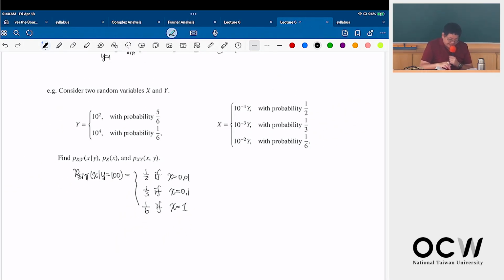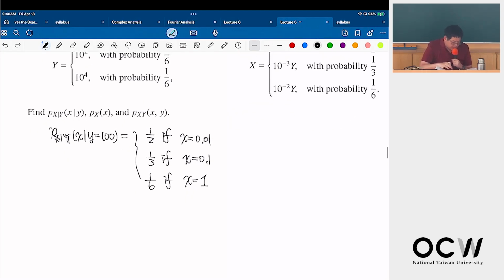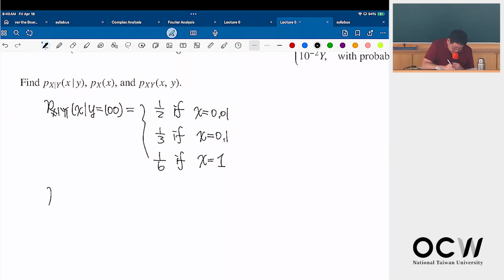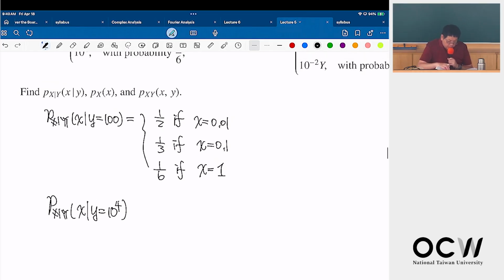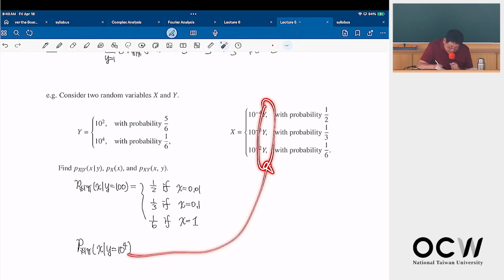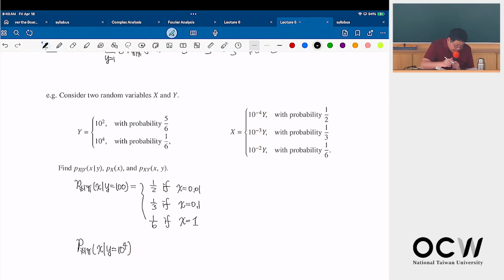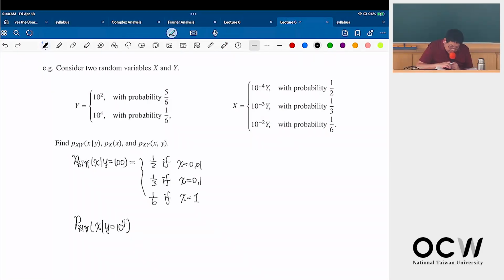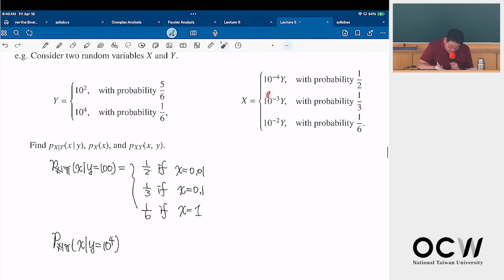Then the next is when y equals 10 to the 4th. We replace y with 10 to the 4th, and then we will get either 1, 10, or 100.